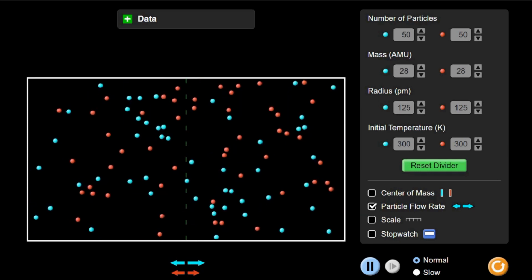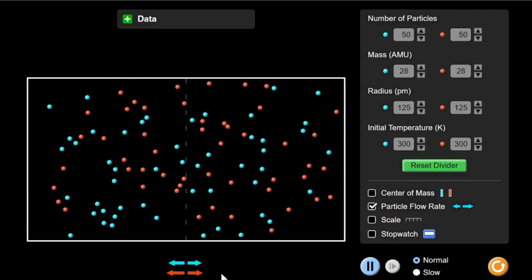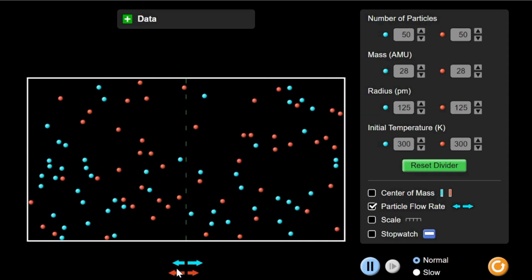And you can already see that the length of these arrows is approximately the same. Of course, there are some fluctuations from one moment in time to the next, but on average, if you look at these arrows, they are the same length in both directions. And that means the system is in equilibrium. Why? Because of the concept of self-diffusion that we now discussed.